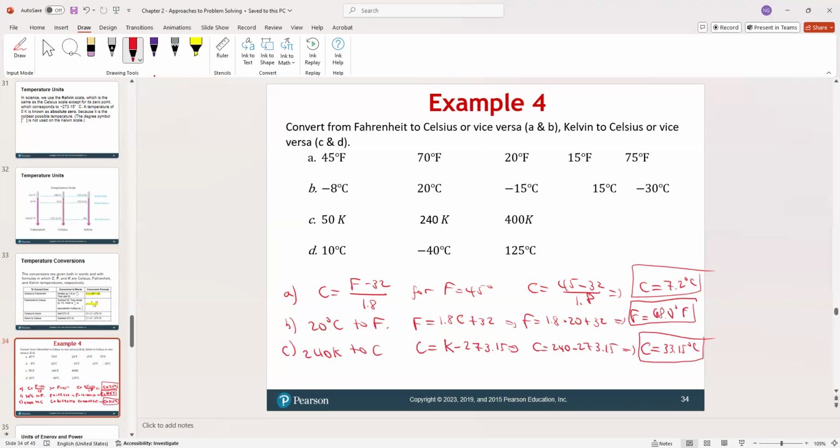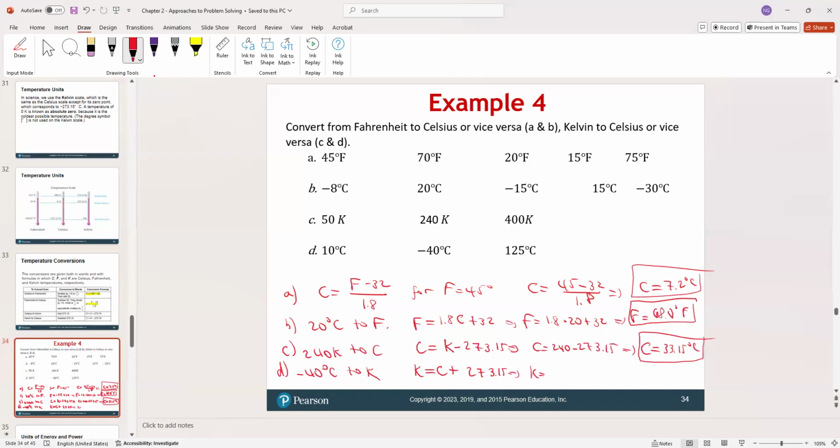And for example in B, if you have negative 40 degrees Celsius to convert to Kelvin, remember, the target is Kelvin, so what's the formula for Kelvin? We said Kelvin from Celsius is C plus 273.15.